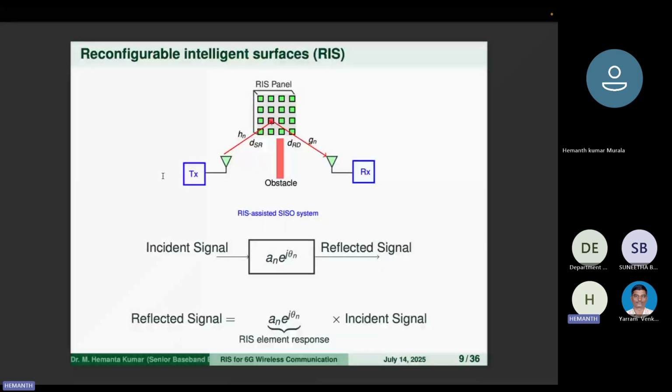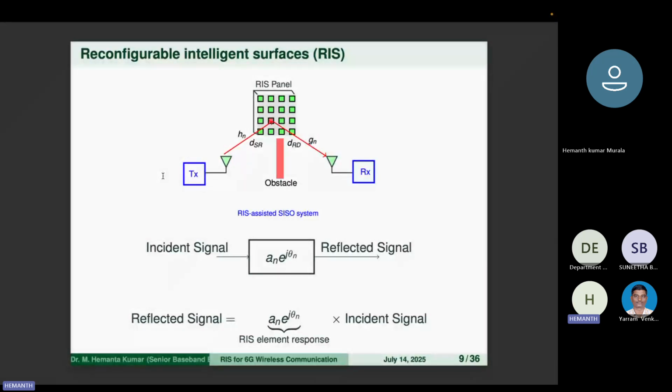If there is a delay of the signal, in the frequency domain what happens? The phase changes. I'm writing here also. So some delay is happening, and we can write it in exponential form, e to the power of j theta n. So this is the incident signal, and this is a reflector. One element, that element is the nth element. Amplitude is a of n, its phase is e to the power of j theta. Phase is nothing but a delay of the signal.